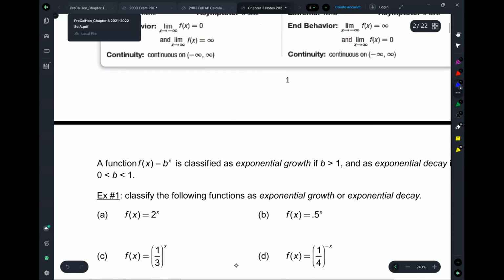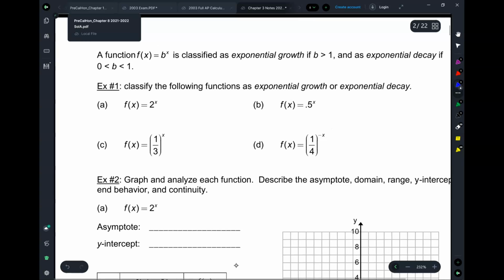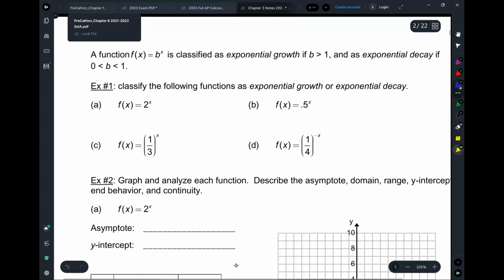But what if you only have a function? How do you figure it out? Well, here's how. This is how an exponential function looks. It's a number to the power of x. It's called exponential growth if b is greater than 1. What's b?